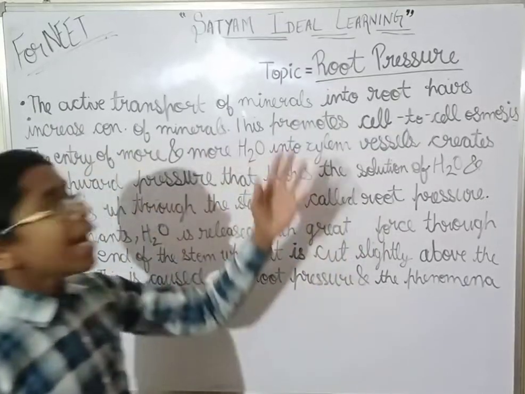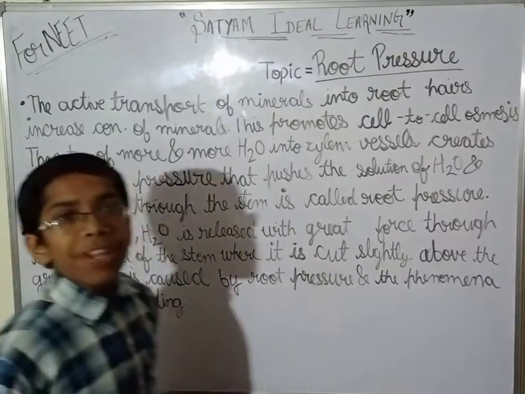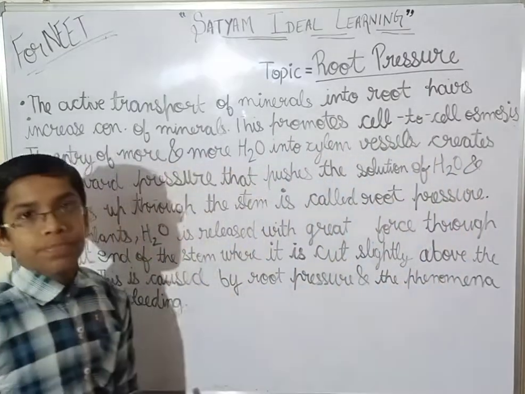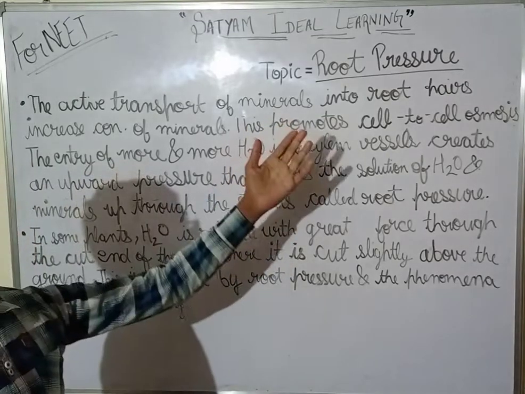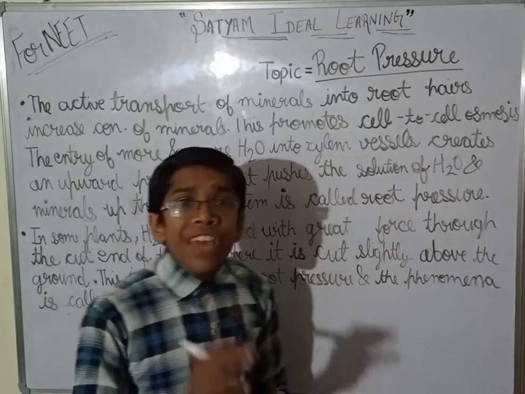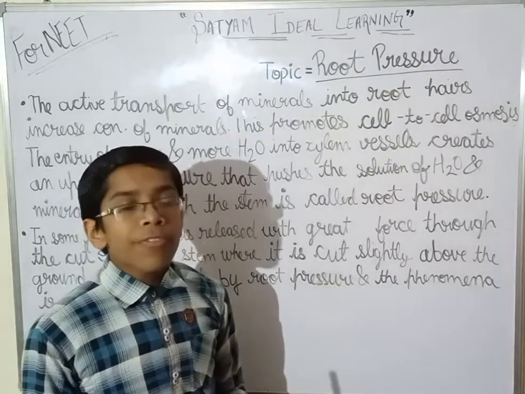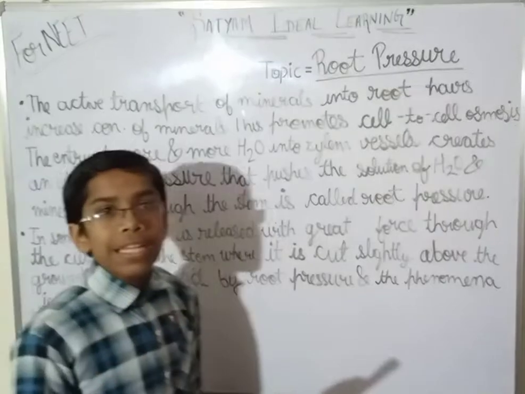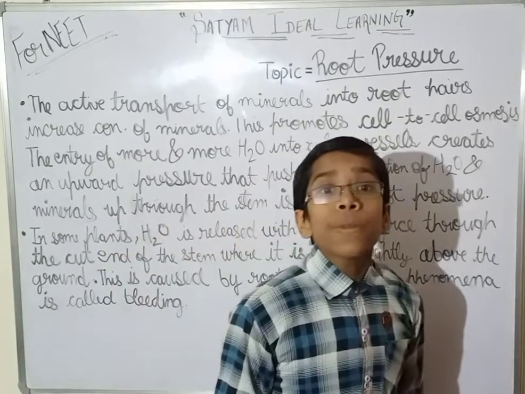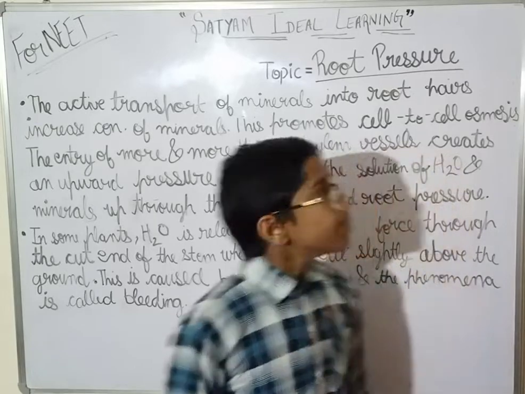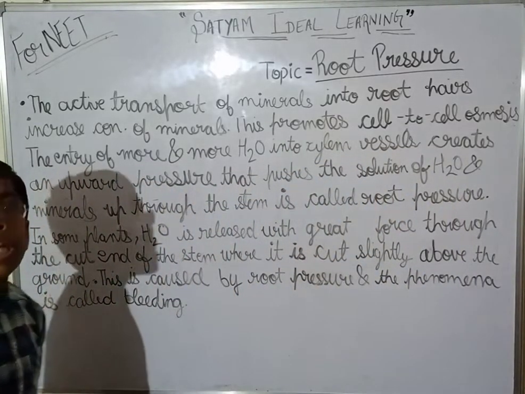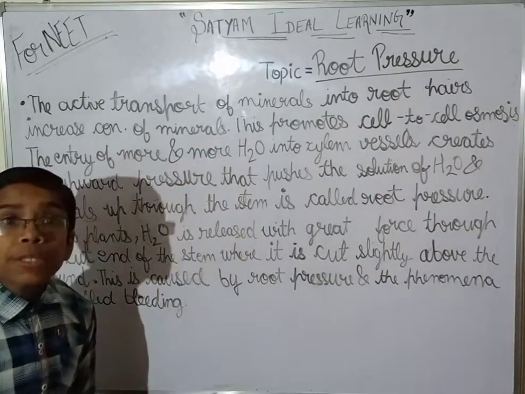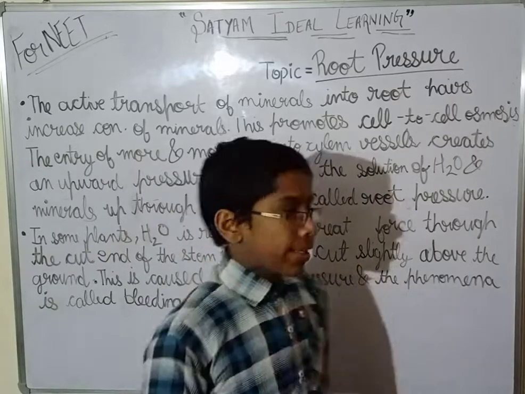It is necessary when transpiration is at a very low rate, or at night. So root pressure is important in the night and when transpiration has a very low rate.